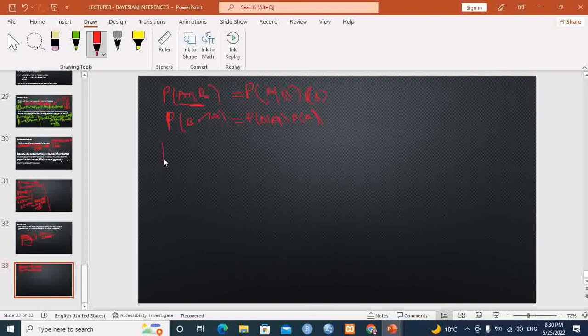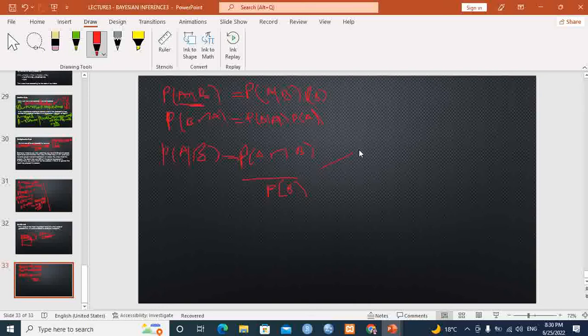But again, we know that probability of A given B is equal to probability of A intersection B divided by probability of B. All right? So these are the bases that we have to have.